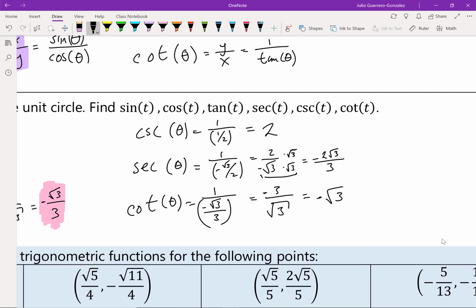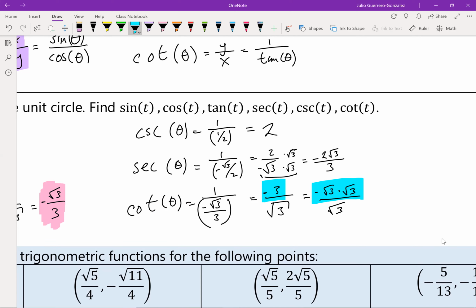I should actually add in y. There we go. Okay, so negative root 3 times root 3 over square root of 3. What I did here is this times that is still equal to that. Does that make sense?